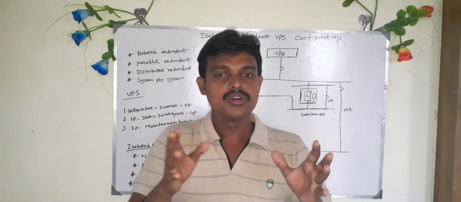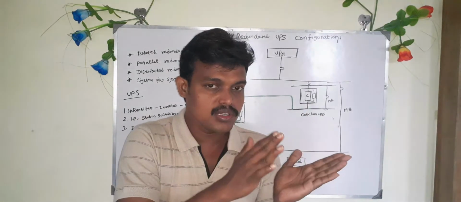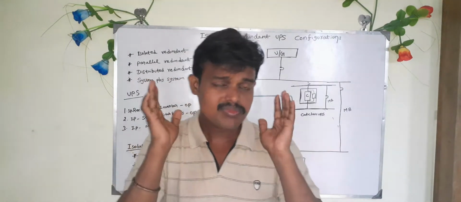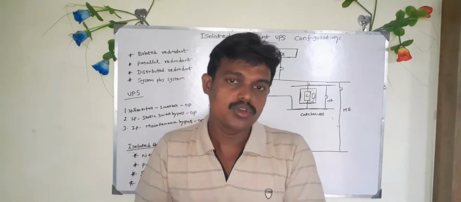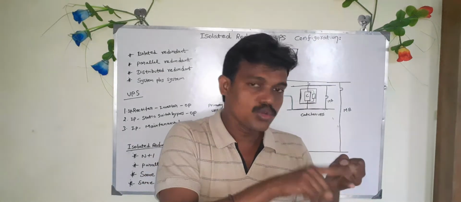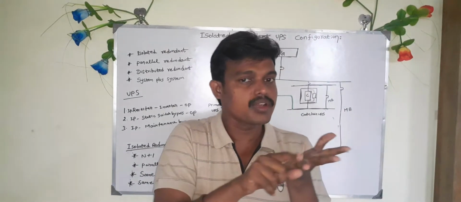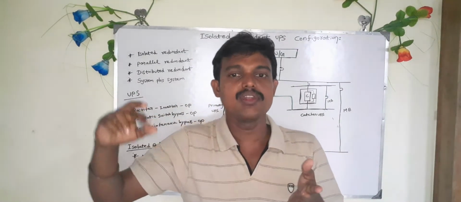In any UPS, whether conventional or modular, there are three ways to transfer power to the load. One is through the input: from the input to the rectifier unit, then to the inverter unit, and it reaches the output.